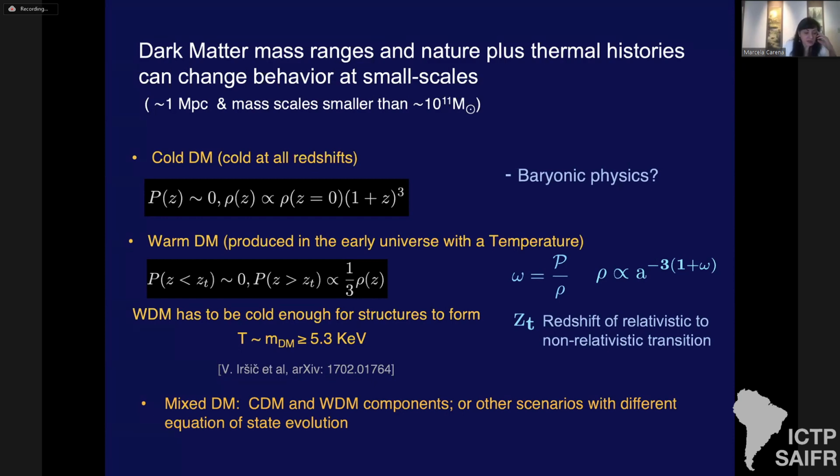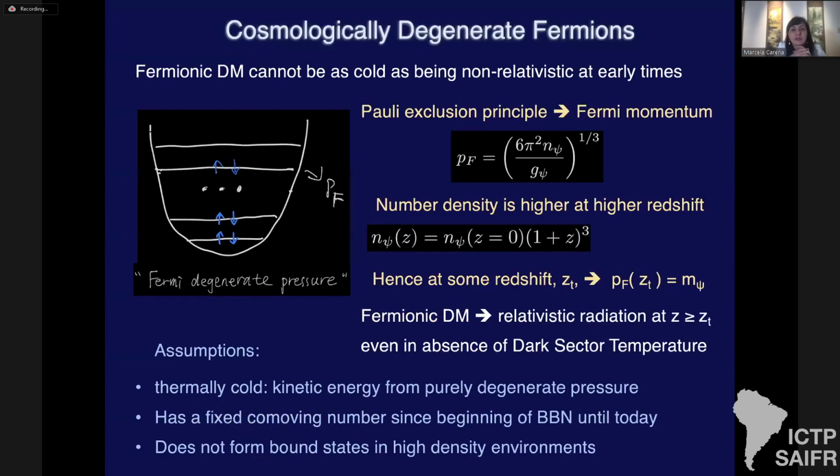So today, what I would like to talk about is what we call cosmologically degenerate fermions, and show readily that fermionic dark matter cannot be as cold as being non-relativistic at early times. And let me tell you what I mean with that.